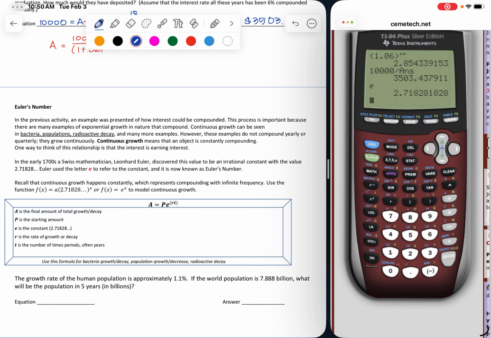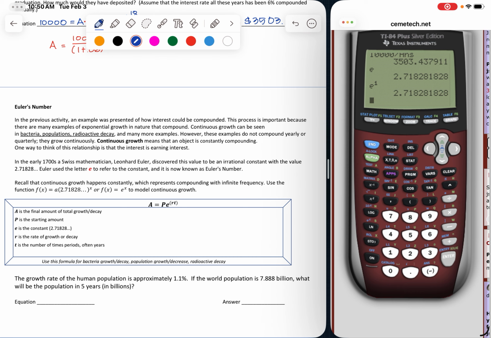Another place that you can find it is if you hit the second button and then the LN button, that's 3 up from the bottom on the left-hand side, right there, it'll give you e to a power. So this way, if you have to put in a power like we do, it's already setting you up so you don't have to use the caret. But if I put e to the first power, it'll show you that 2.718281828, right? Okay. So I get a little bit off track there.